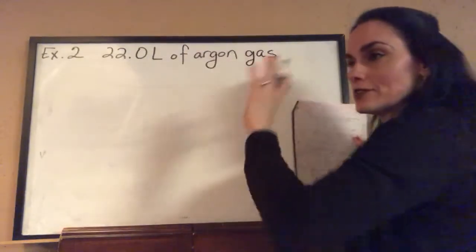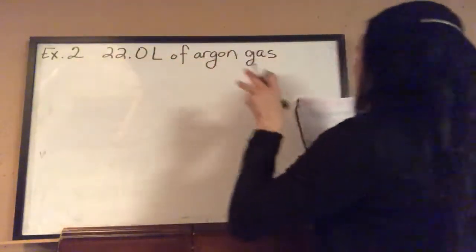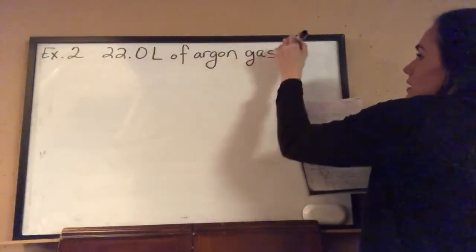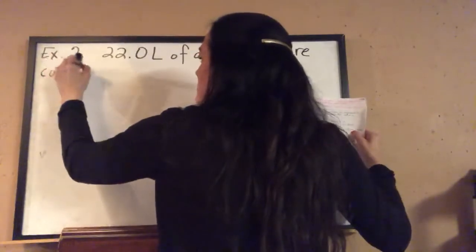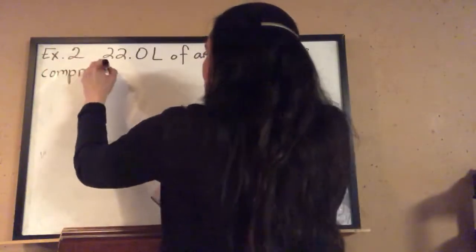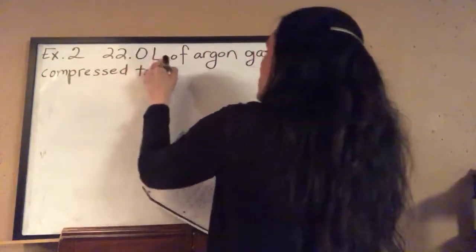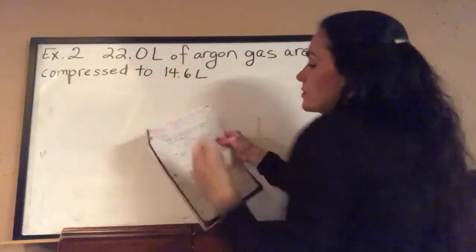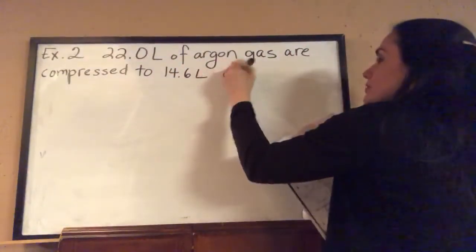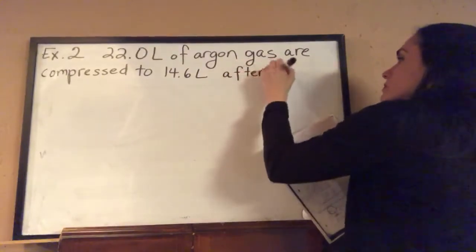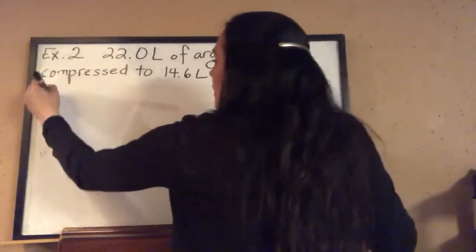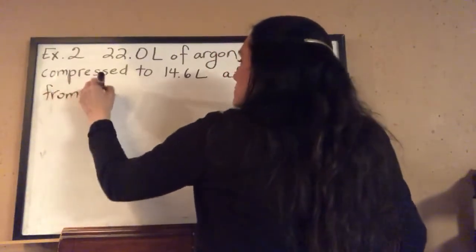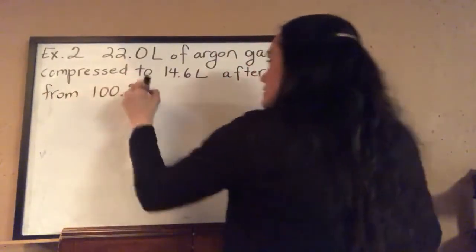Okay, let's say that it's in use for some application, but let's say that the argon gas, 22 liters of argon gas, are compressed to 14.6 liters, okay, after cooling from 100 degrees Celsius.